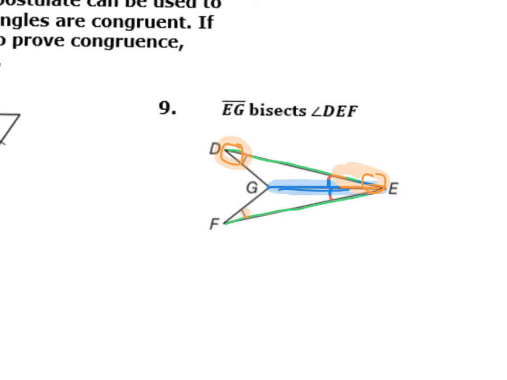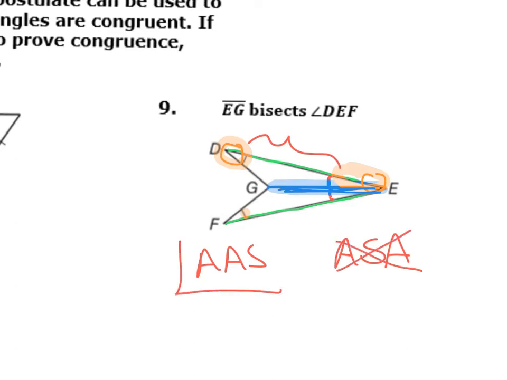So I've got 2 angles and a side. Is it AAS or is it ASA? So look at where your side is. Is the side connecting the 2 angles? Is it in between them? No, it's not. So my side is not in between the 2. We're right here at angle, angle, side.